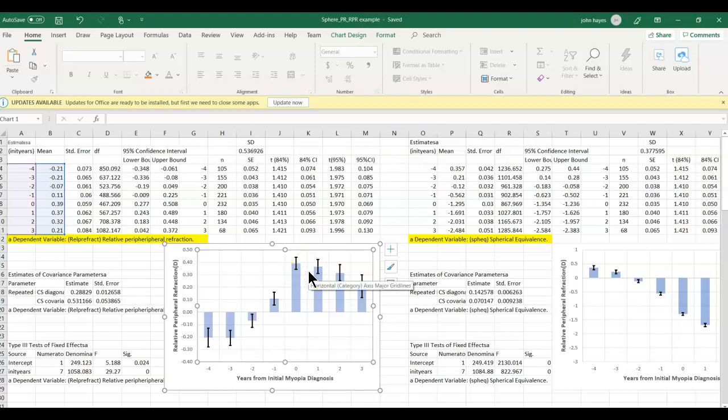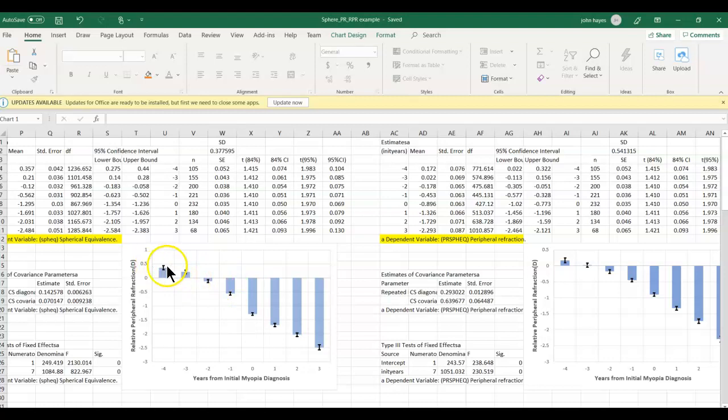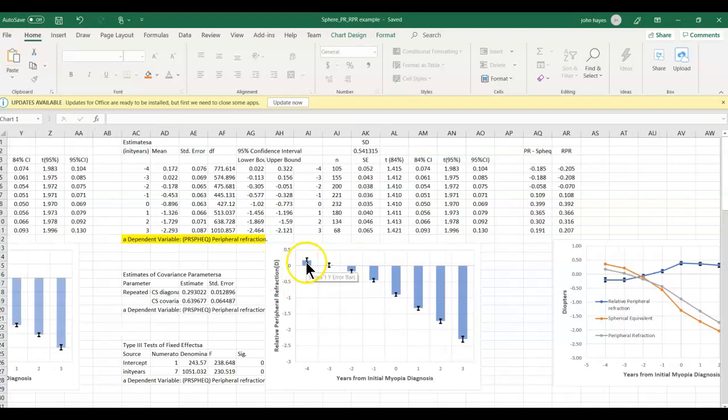When we're talking spherical equivalence, it's kind of interesting. We start out myopes. These are myope only. They start out hyperopic, and they go down, down, down, down, down. And this is peripheral refraction.